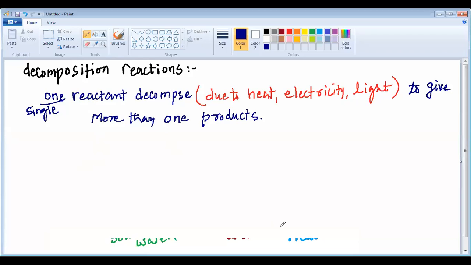So please understand it well, my dear students, that when we have decomposition reactions, a single or one reactant decomposes to give more than one product, and that kind of reaction is known as the decomposition reaction. This decomposition reaction, my dear students, is of three types. We may have various types of decomposition reaction.